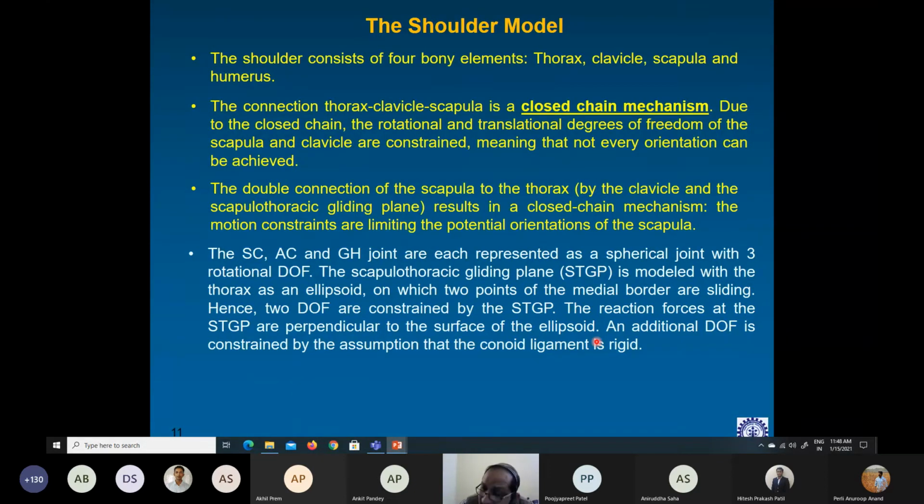Okay, so the ligaments are actually applying reactive forces. So muscles basically apply active forces, and the ligaments are trying to stabilize the joint by applying constraining forces. The conoid ligament is assumed to be a more rigid ligament, and therefore it applies an additional constraint.